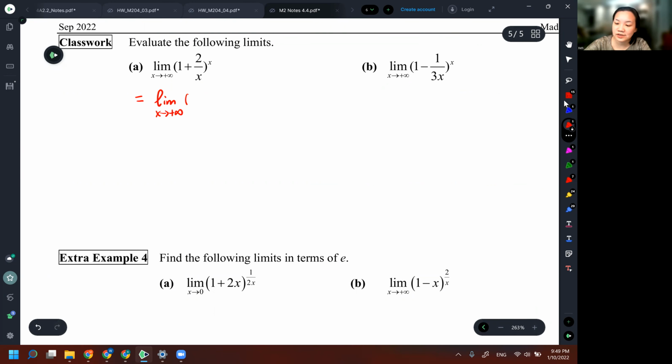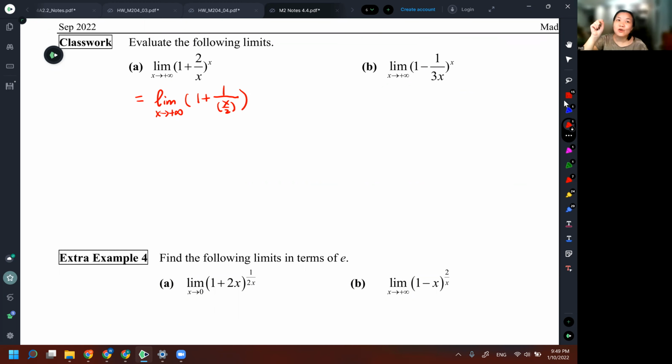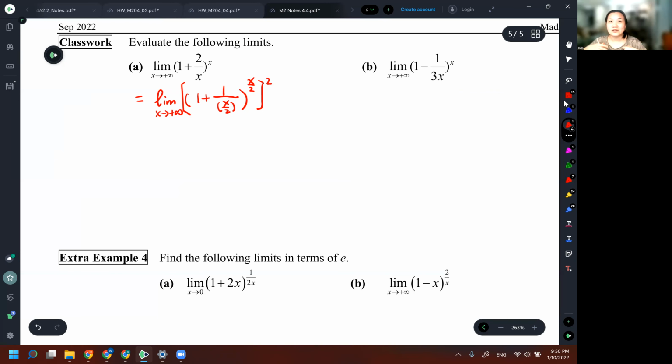For example, I will change this to 1 over x over 2. I will not write 2 over x. They look very similar to 1 plus 1 over n. And because this is not x over 2, I will make it x over 2, and after I do that, I will put a square. So they're still equal, you know what I mean?